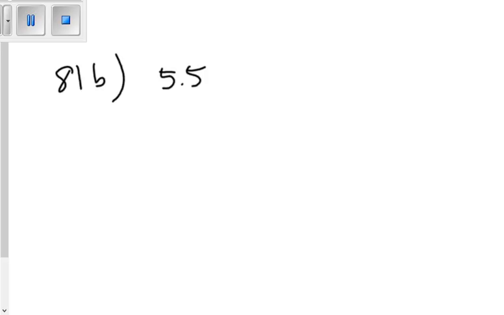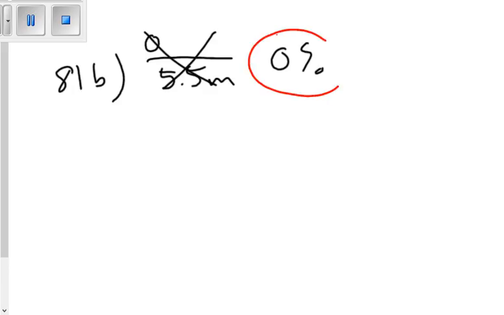So if we're really going to fill in the equation, 0 divided by 5.5, it's going to be 0% because you got the right thing. I'm not even going to work through it. Because your value was the same as the accepted value, your percent error is none. You don't have any error. You're 0%.